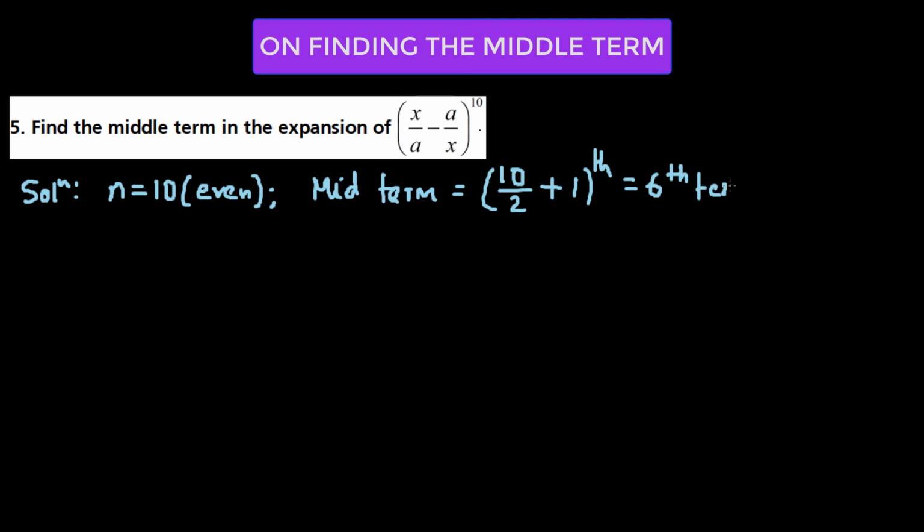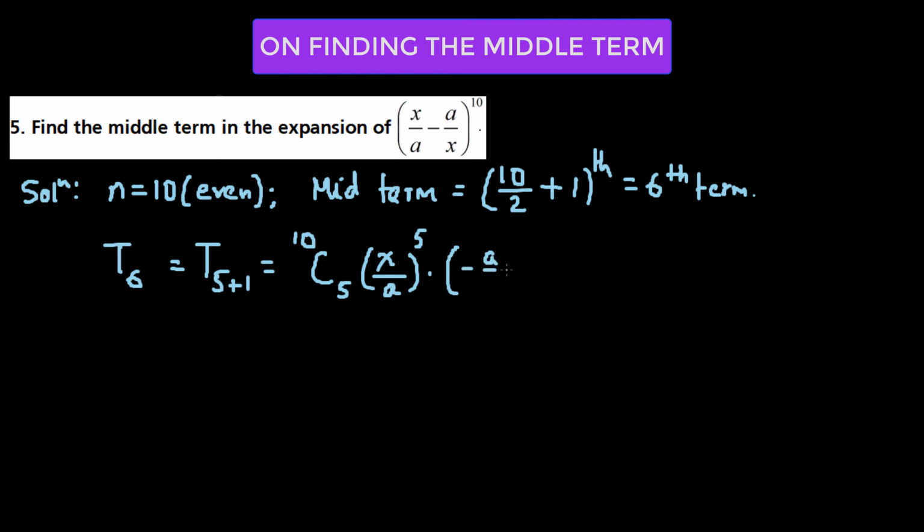So we find out the value of t6, which is equal to t, 5 plus 1, which is equal to 10c5 times the first term, which is x over a raised to the power of 10 minus 5 times negative a over x raised to the power of 5.